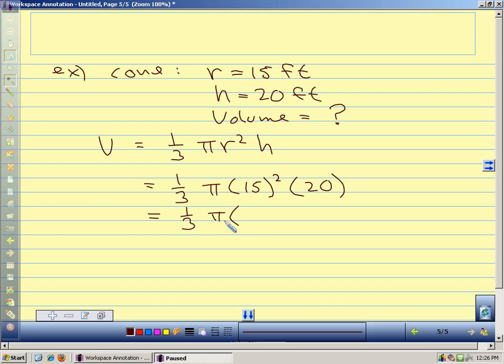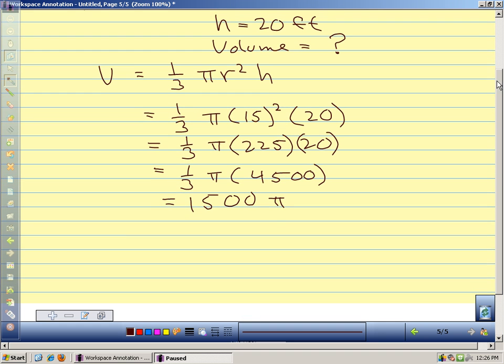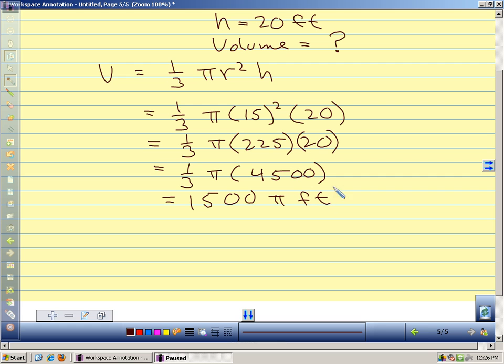I'm going to calculate this out in parts. 15 squared is 225, times 20, which is 1/3 pi times 4,500. And 1/3 of 4,500 is 1,500. So my volume is going to be 1,500 pi, and my units were feet. 1,500 pi cubic feet is my exact answer.